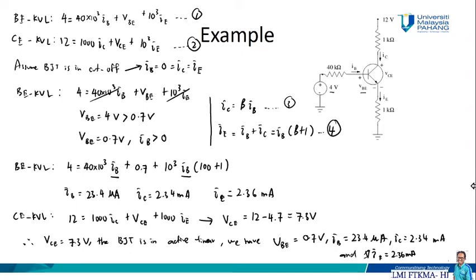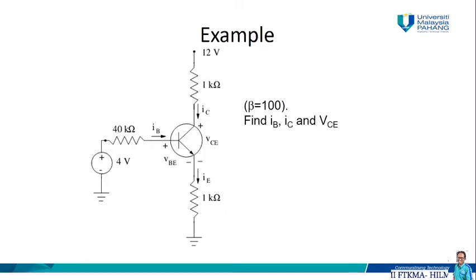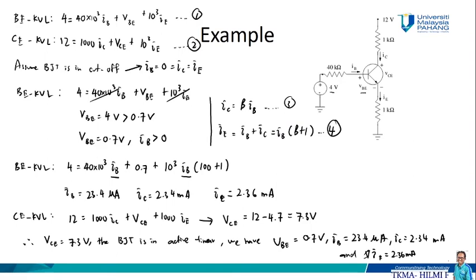So we managed to find the answer for IB, IC, and VCE. Okay, so VCE 7.3, IB 23.4, IC is 2.34 milliamp. So that's it for this example.